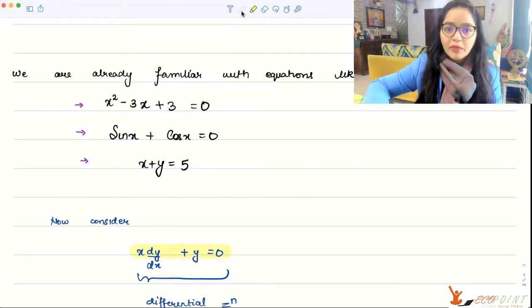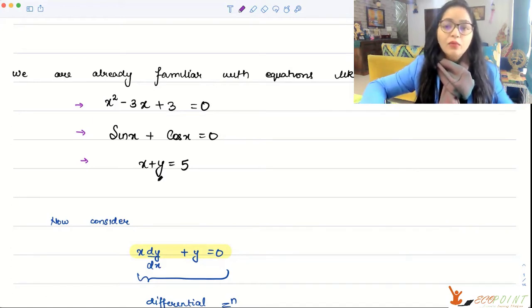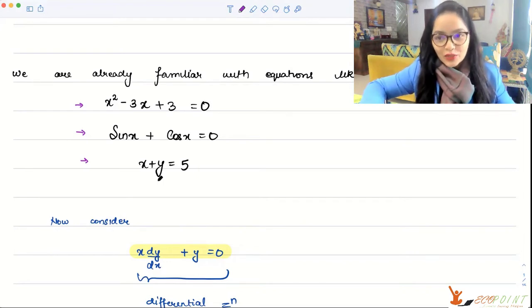What is happening is that you have a product of x and dy by dx. dy by dx is the derivative, right? The moment you have a derivative, it could be just dy by dx, it could be d square y by dx square, it could be any level of derivative. Now, this is what will be known as a differential equation.